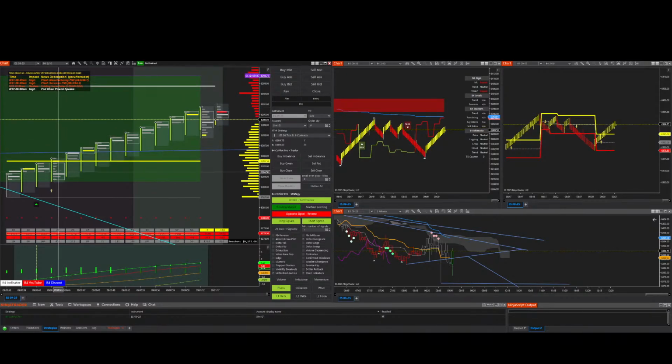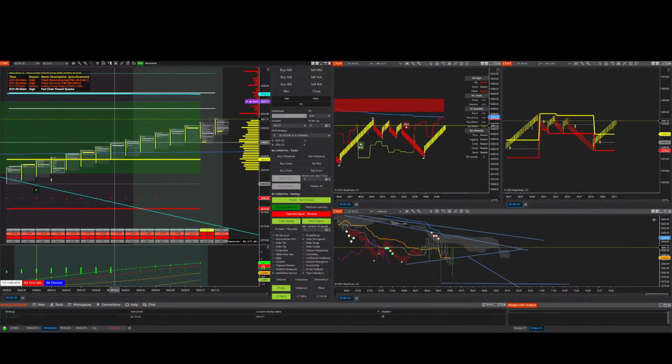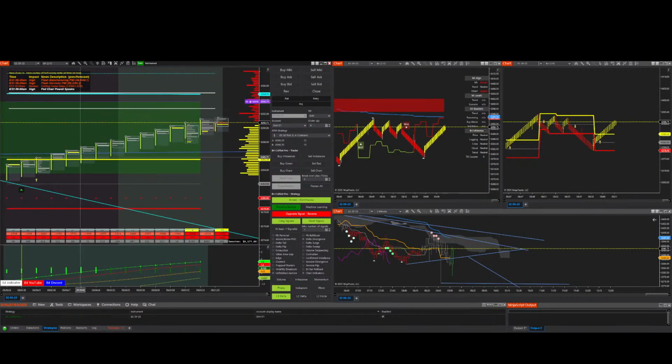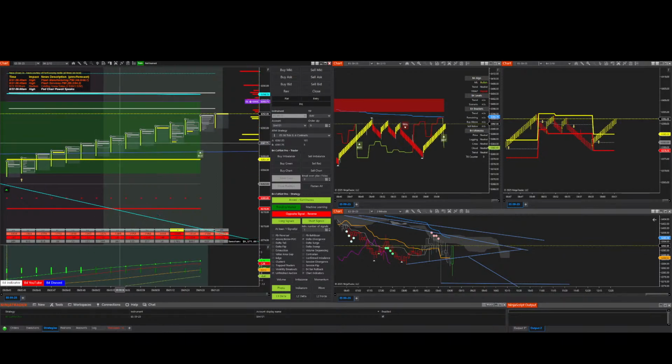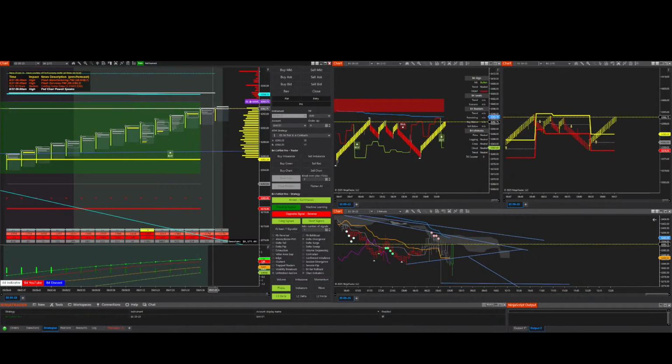And then a virgin point of control. What I consider a virgin point of control is I even look at the 210 bars here. If there's a point of control or whatever that is covered by the bar, I'm not as particular about it, but I do care about this one.